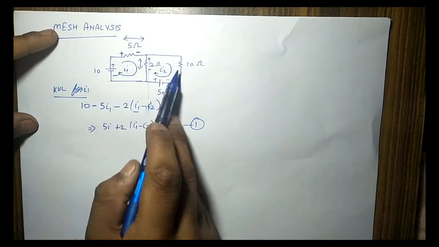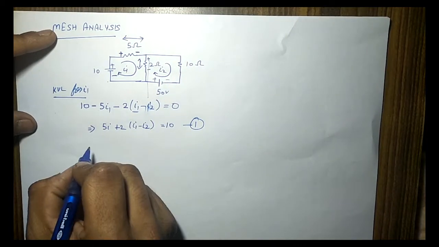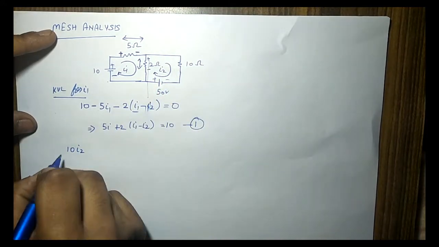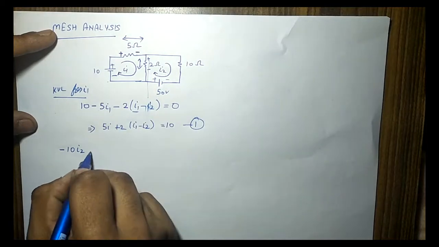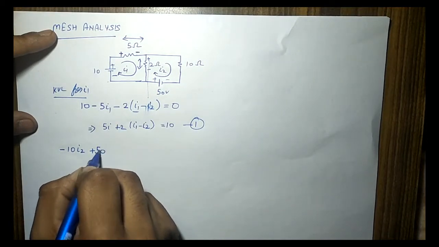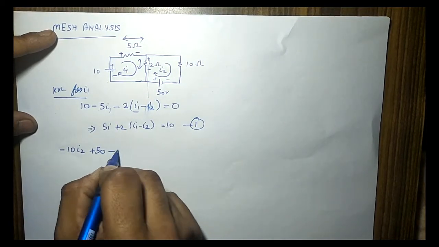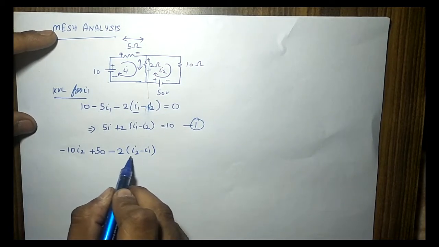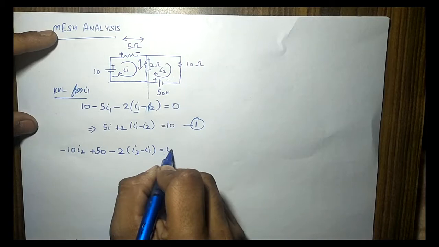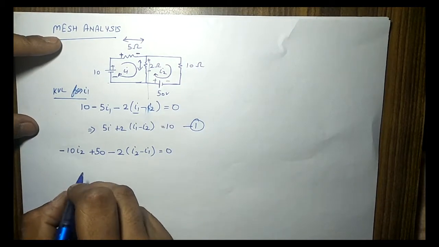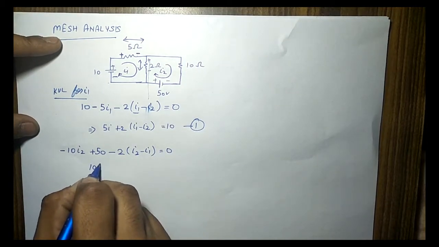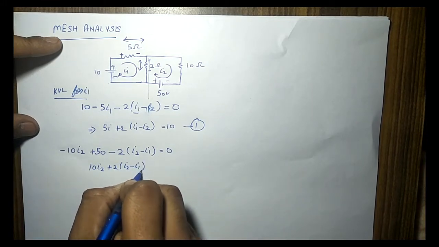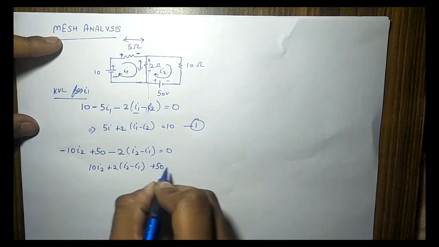Now I will solve it for loop 2. This will be the resistor, 10I2, minus, and plus 50, minus 2(I2 minus I1). I have given more priority to I2 as I am solving for loop 2. In short, this will become 10I2 plus 2(I2 minus I1) plus 50 is equal to 0.